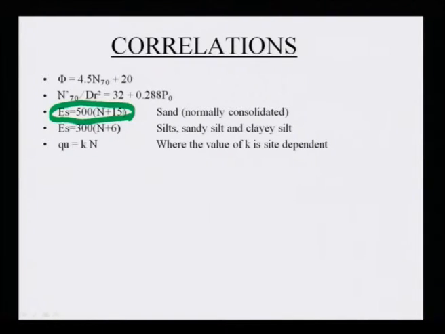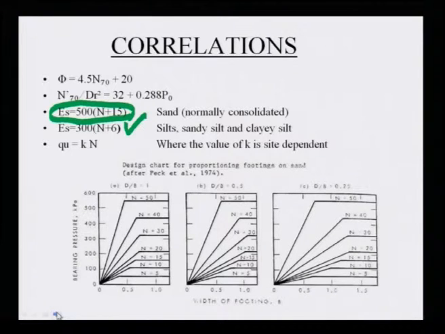For sand, silt and clay, ES is equal to 300 into N plus 6. These are the design charts after Terzaghi and Peck 1974 with respect to N and D by B ratio. From there you can find your bearing capacity.